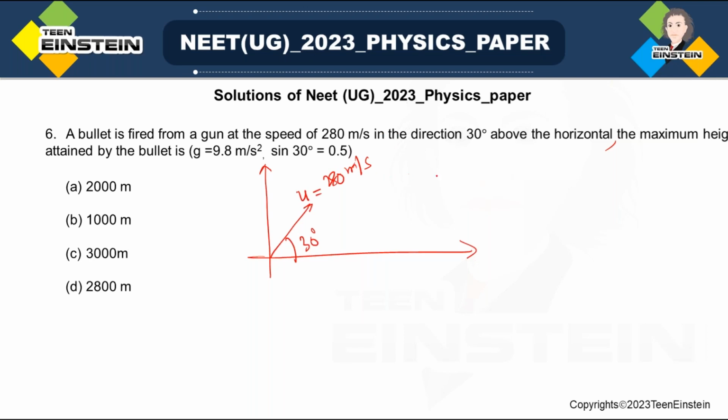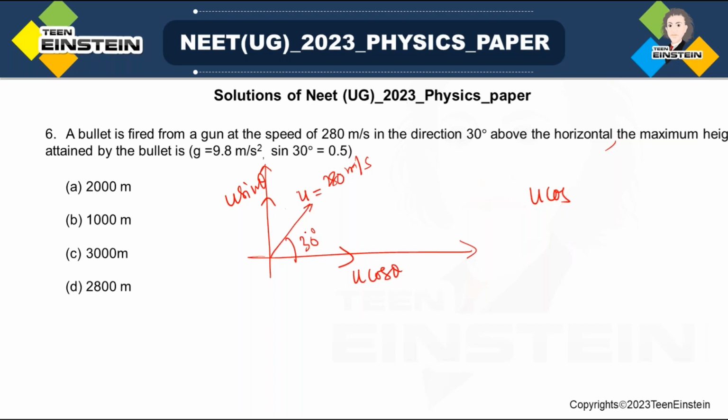Now you have to find out the maximum height attained. How do you find the maximum height attained? We know it is motion under gravity. It will have u cos theta along this direction, and in this direction it will be u sin theta.